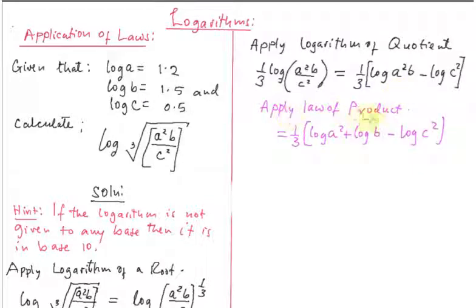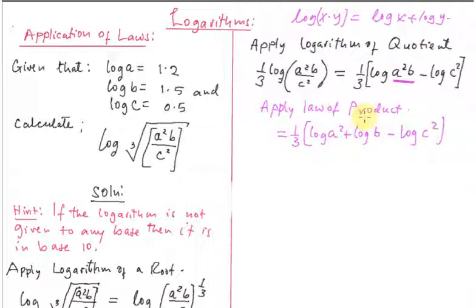Now apply the law of product. Since we have applied the law of quotient, we now have to apply the law of product. Why do we apply the law of product? It's because we have a squared times b here. This is the same as logarithm of x times y, which gives logarithm of x plus logarithm of y. So you see, this is how we move with the laws when we are simplifying things.